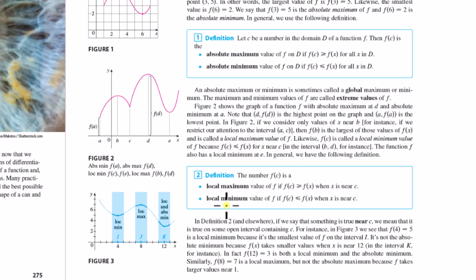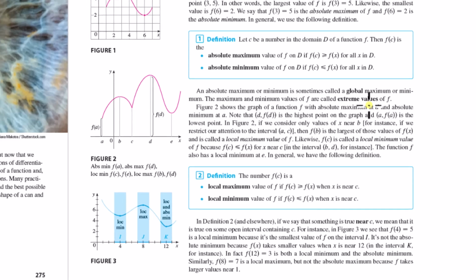If there is a local max or min at an x value C, you're calling it local because it's true near C, meaning on some open interval within the function domain around C. Also, they mentioned the maximum and minimum values of f are called extreme values of f. These extreme values include both global and local. The term extreme values is not just applied for global maxes and mins, it's local as well.